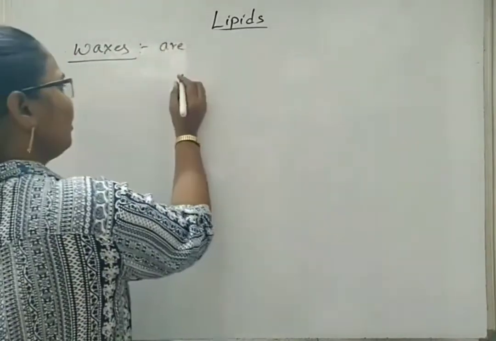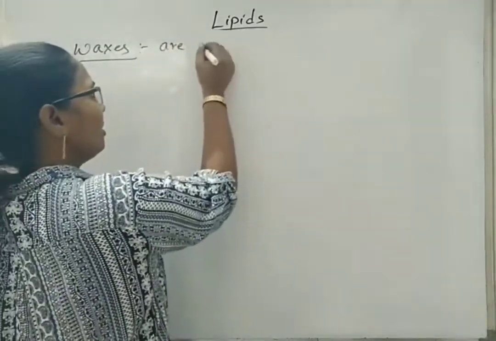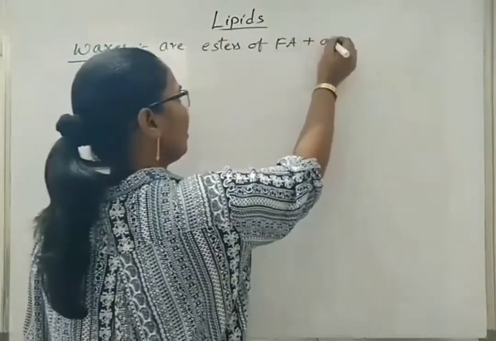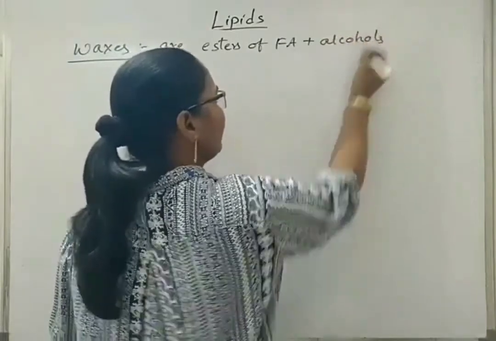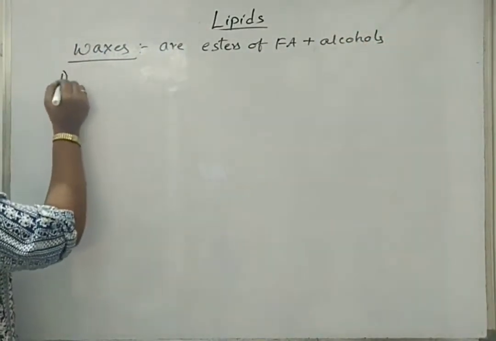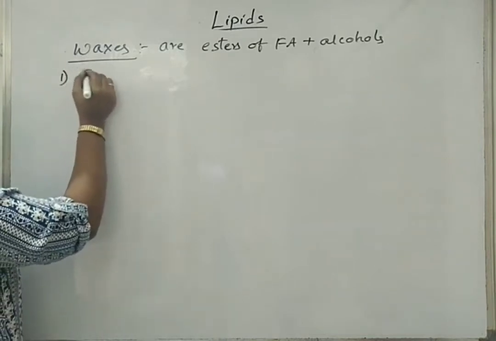Waxes, as I have said before, are esters of fatty acid plus alcohols. We know different types of waxes. For example, the first wax in the animal body is ear wax.